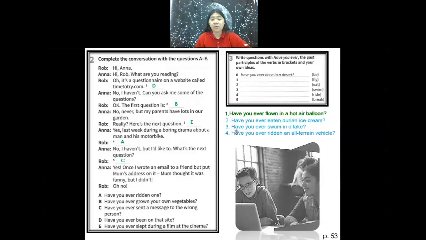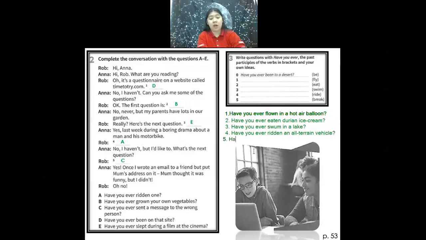An all-terrain vehicle looks like a motorbike and a jeep or a monster truck, but it's small and you have a handle in front with 4 wheels, okay? It looks like a cross between a motorbike and a jeep. I've not tried an all-terrain vehicle. It looks very fun.